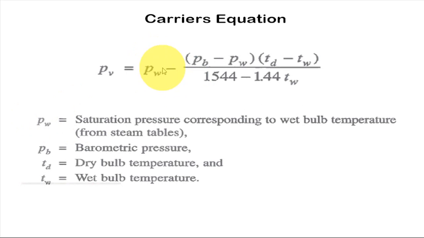Here PW in this equation is the saturation pressure corresponding to the wet bulb temperature that we get from the steam table, and PB is the barometric pressure, where small td is the dry bulb temperature and small tw is the wet bulb temperature.